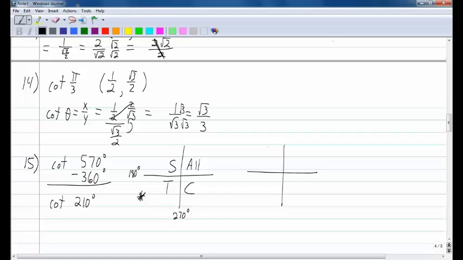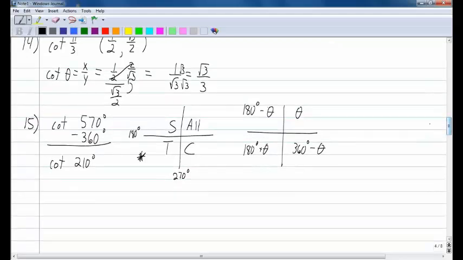Now I need to figure out what the reference angle is so that I can write down the point that I need to use. So the reference angle chart: in the first quadrant we have the reference angle, theta. In the second quadrant we have 180 degrees minus theta. In the third quadrant, that's 180 degrees plus theta. In the fourth quadrant, it's 360 degrees minus theta. So we're in the third quadrant, so we want to use the formula 180 degrees plus theta.